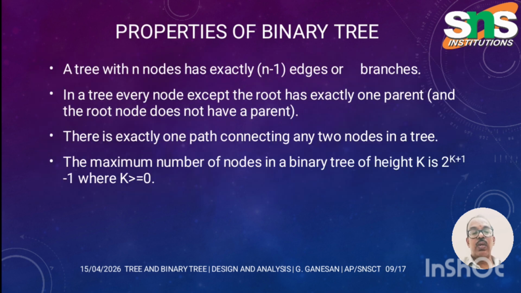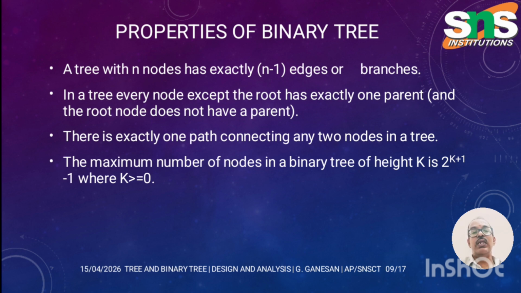Then what are the characteristics of a binary tree? All binary trees have n number of nodes and n minus 1 number of edges. What is meant by edges? These are the branches that connect the nodes. There are n minus 1 edges there.